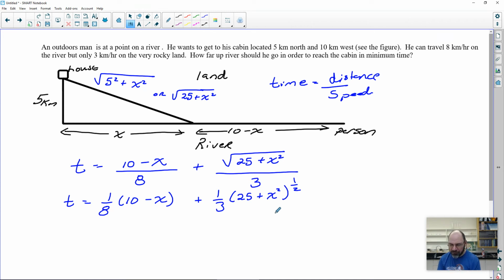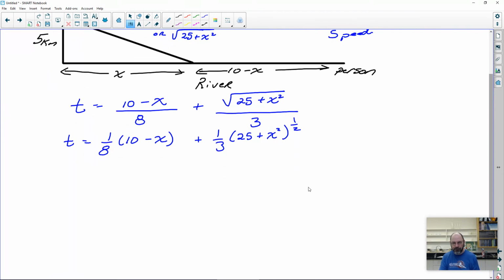Now to minimize time, we're going to have to take the derivative of this equation, so t prime, which is going to be 0. All right, so 1/8, or I guess we should make it easier here. Let's not have to do the chain rule. Let's make it a little easier by expanding this out so that we can just have a negative x there.